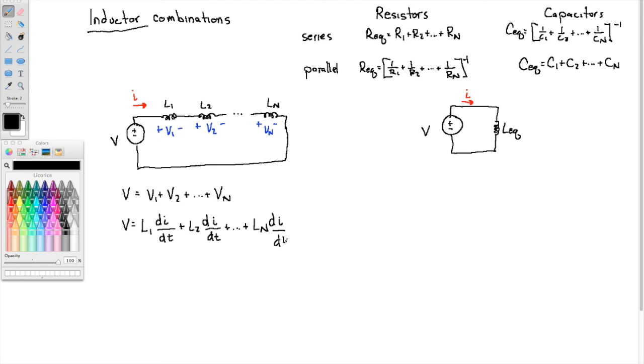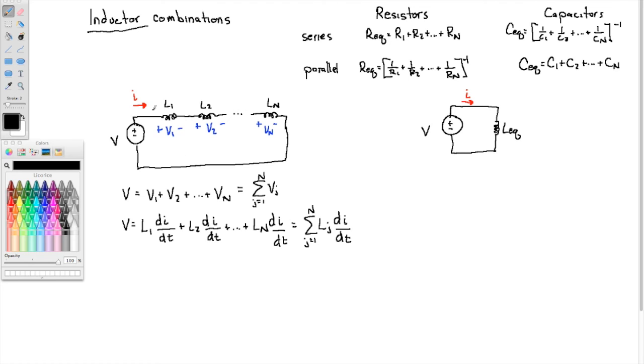And I do want to write this more compactly using sigma notation. So this would be the sum from j equals 1 to n of Vj, and this guy is the sum from j equals 1 to n of Lj di/dt.